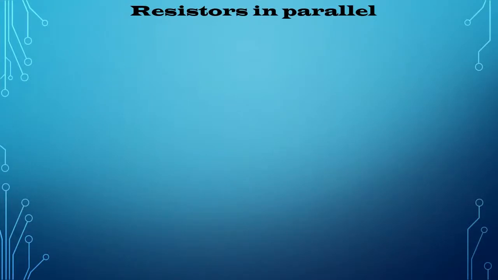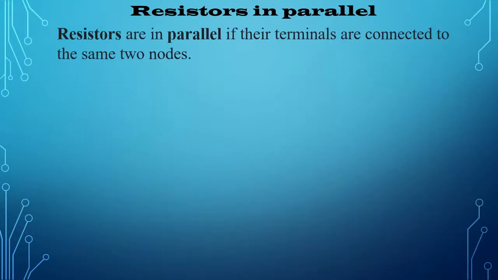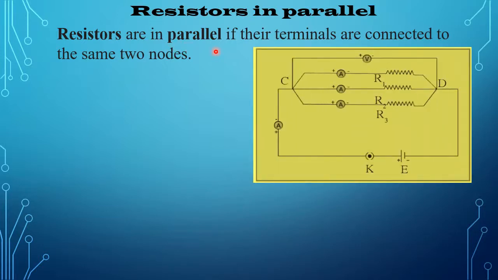Let us learn about the connection of resistors in parallel. Resistors are said to be connected in parallel when their ends are connected to the same two nodes, as you can see in the figure.